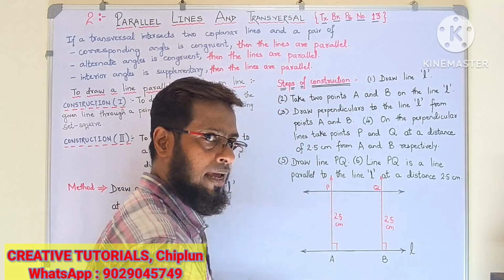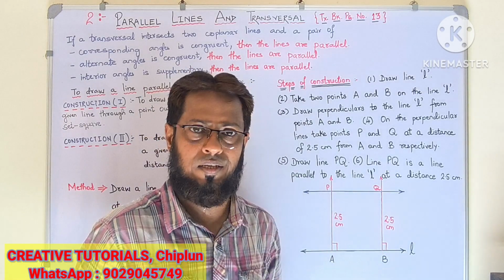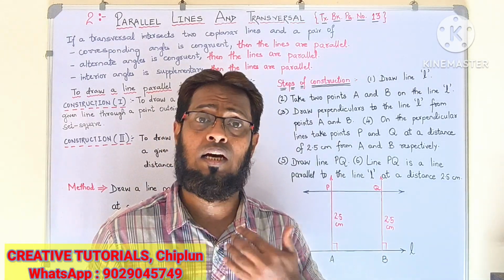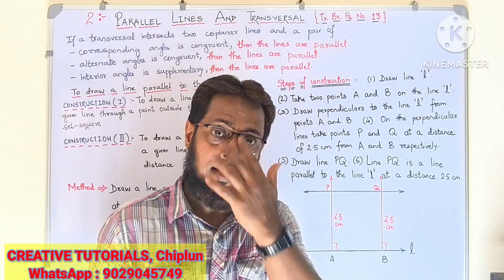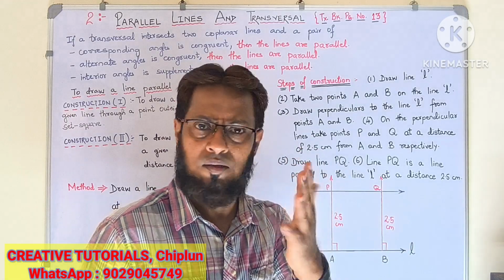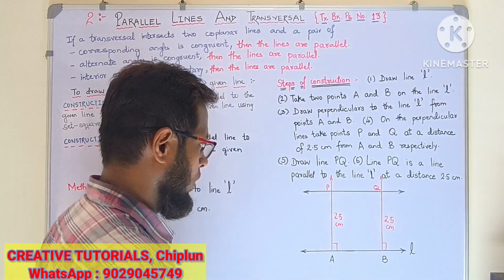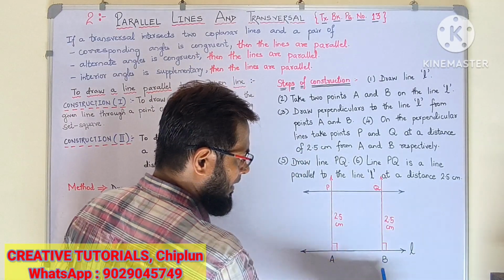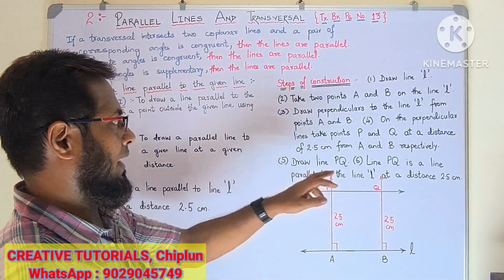The distance between points A and B is not required, because as long as we are attempting to draw a parallel line to a given line, this distance will not matter. So these two points are being taken, A and B, on line L.